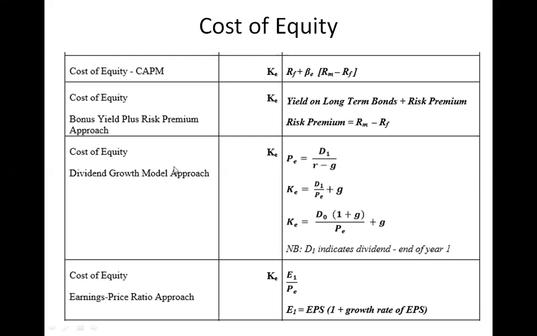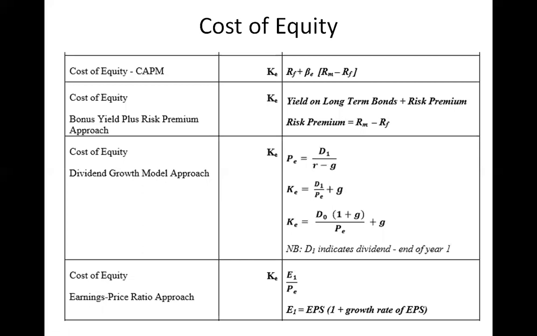And this very important thing is next one, that is dividend growth model approach. Dividend growth model approach. Okay. So it says that PE is price per share in the market, your company's stock price in the market. That is price. And D1. D1 is the dividend rate.